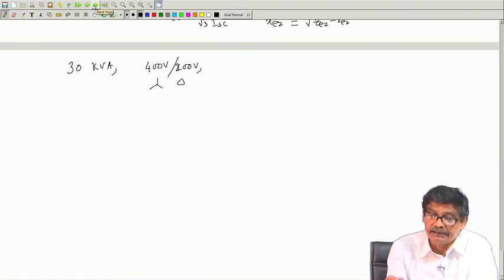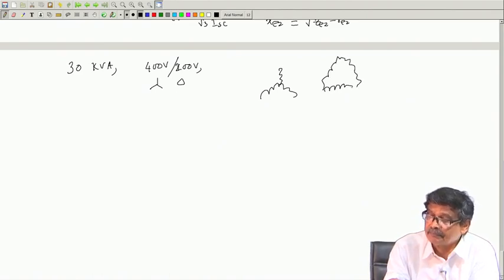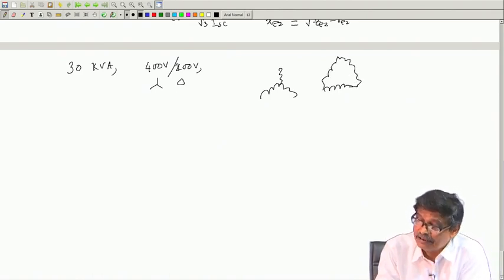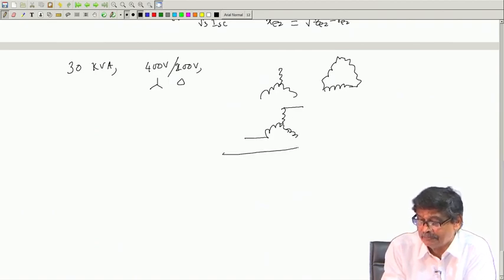See, the transformer is now star and this side is delta. I can always imagine that. So far as measurement is concerned, it does not matter.